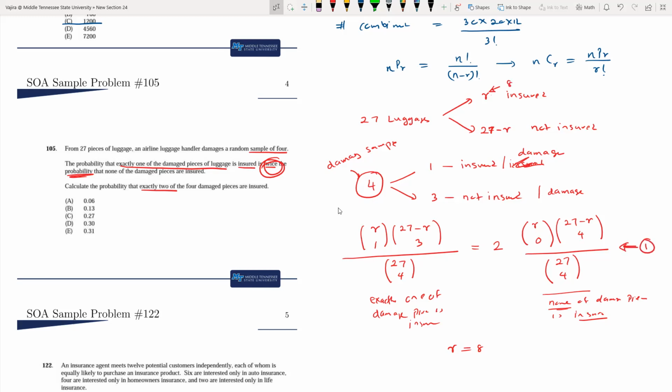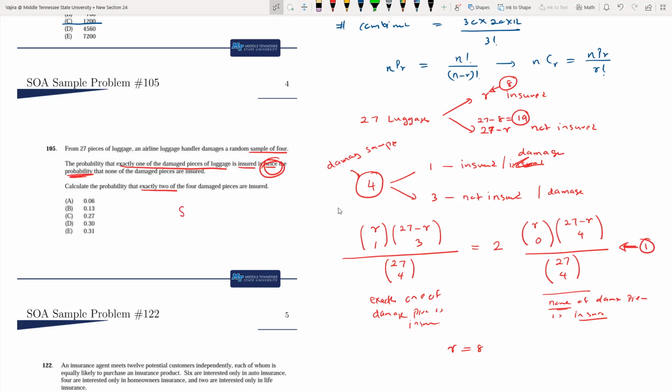This equation, let's say it's 1. Solving this equation 1, so then there are 8 insured, and then how many not insured ones? There are 19. Okay, so 19 without insurance and 8 with insurance. So now we want to calculate the probability that exactly 2 of 4 damaged pieces are insured.